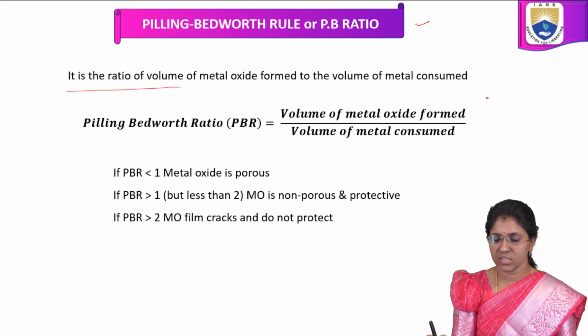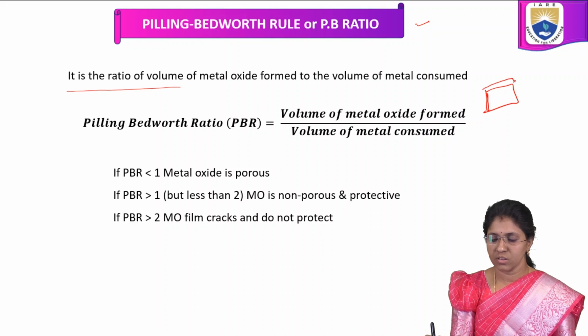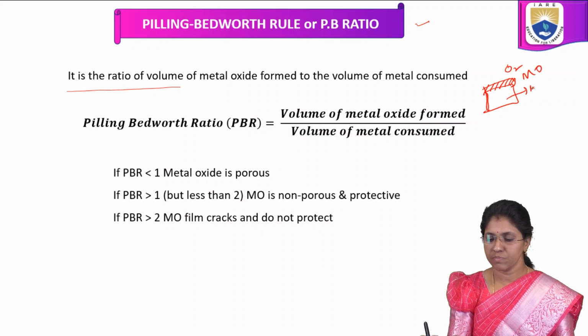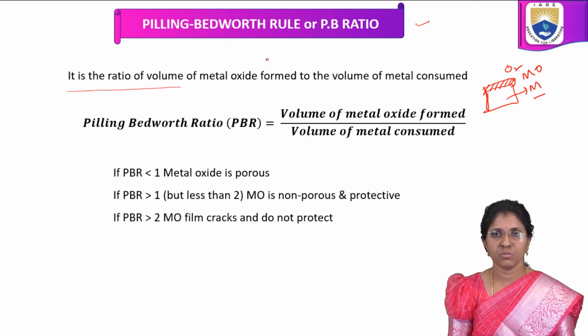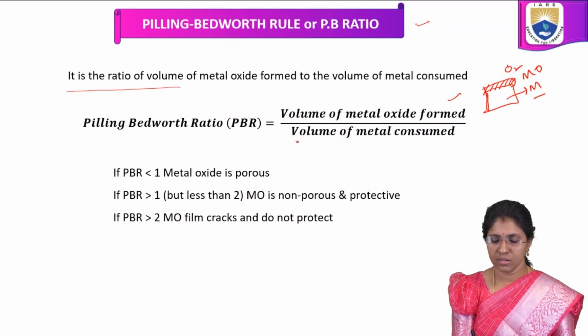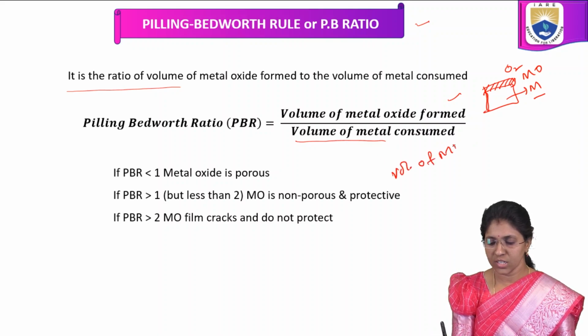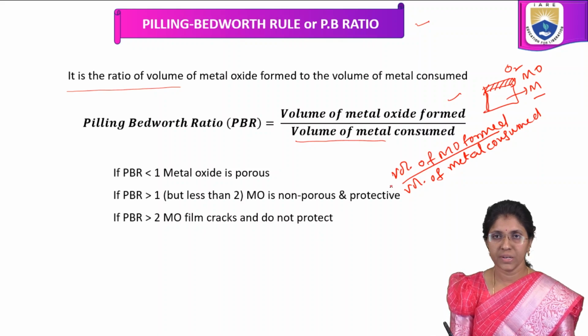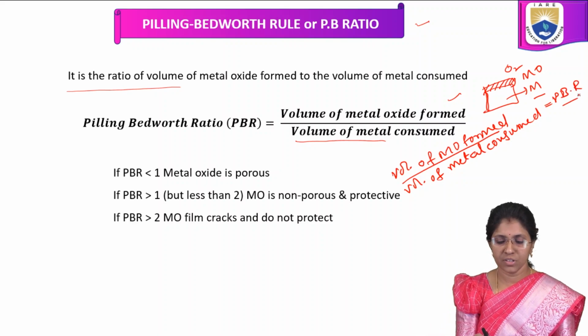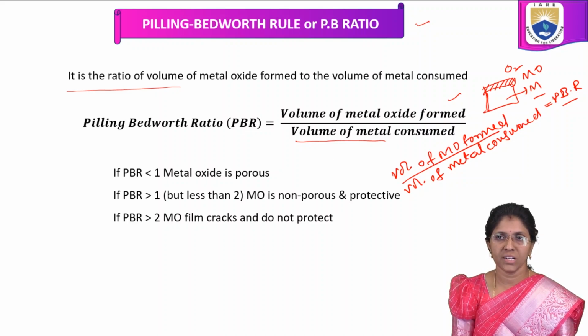Here the metal undergoes corrosion and forms a metal oxide layer, for example with oxygen. The Pilling-Bedworth ratio is the ratio of the volume of metal oxide formed to the volume of metal consumed. It is also called the PB ratio.